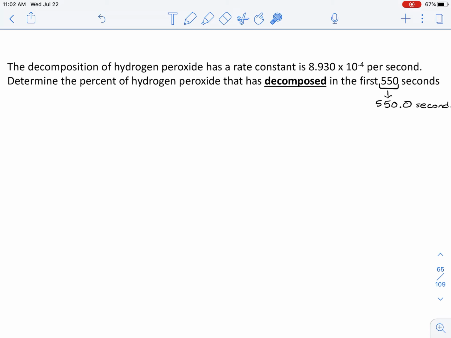And so does this problem explicitly say which order of reaction we're going to be using? The answer is no, it's not explicit.